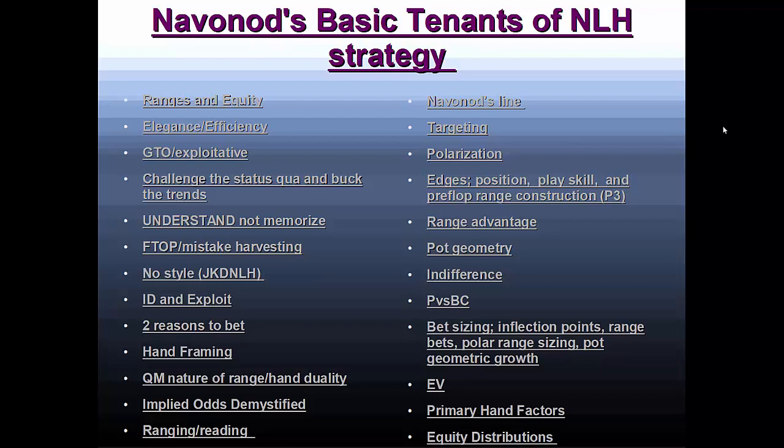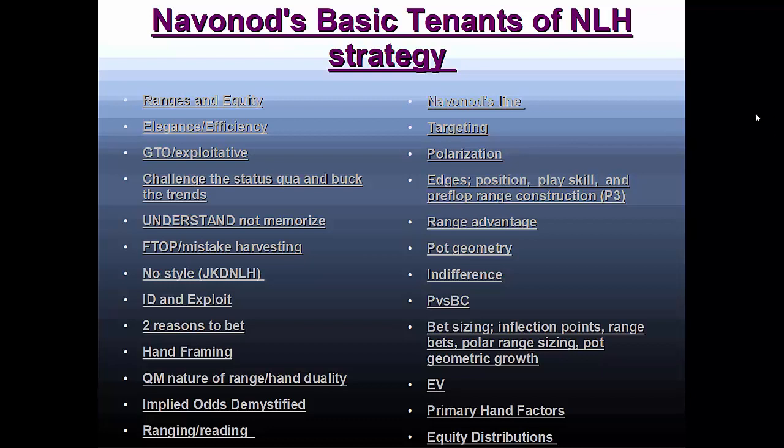Thinking in terms of mistakes and avoiding inducing mistakes, using the fundamental theorem of poker and game theory optimal play to sort of guide your decision process, the idea of using Navonod's line, if you've seen that. If not, it's just a way to very quickly go through and frame your hand by relative hand value and adjust your own relative hand value based on your opponent's mistake propensity.